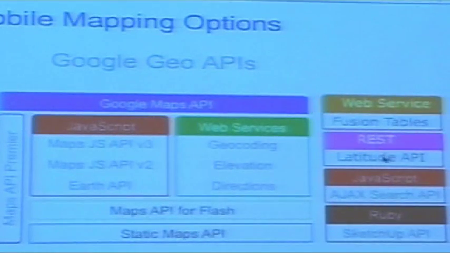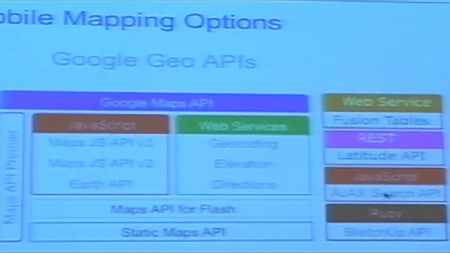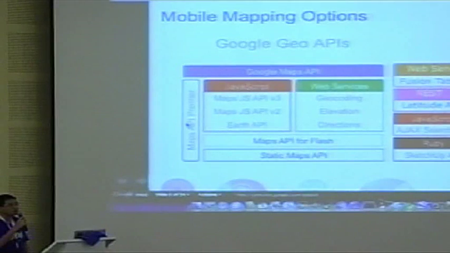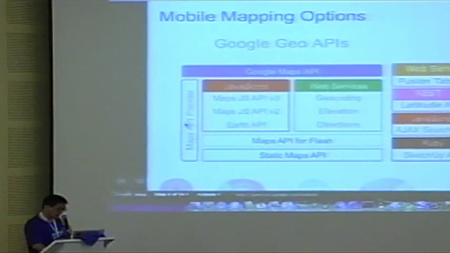Latitude is more like a social API. We're continuing to work on the Ajax Search APIs. And we also just launched Maps API Premier in Indonesia. That's for when you want something that's not just the free API, but you want a service level agreement or SSL, and you would use Maps API Premier.